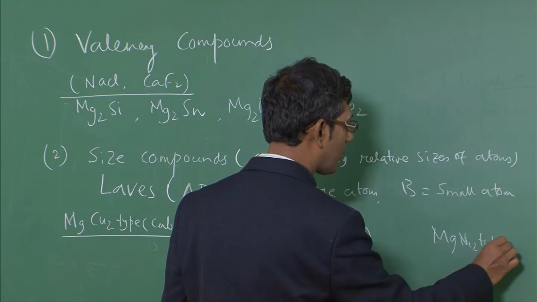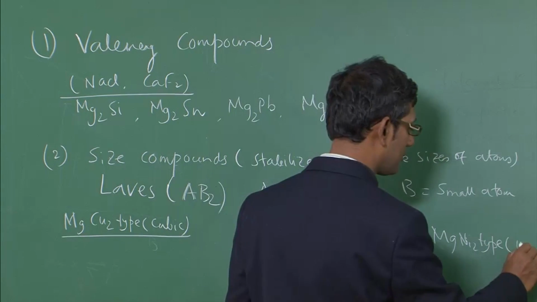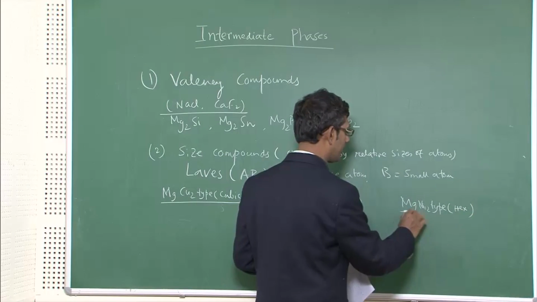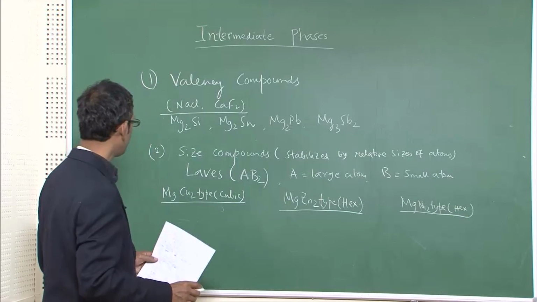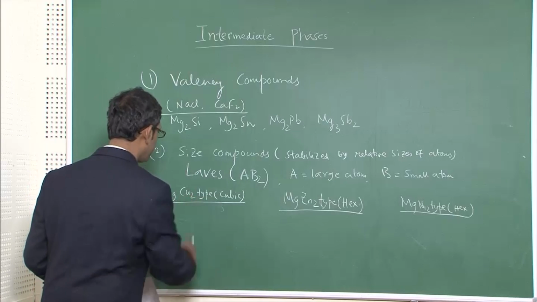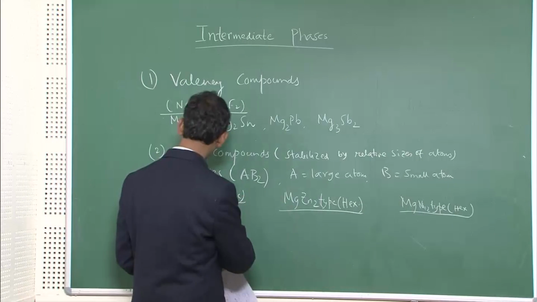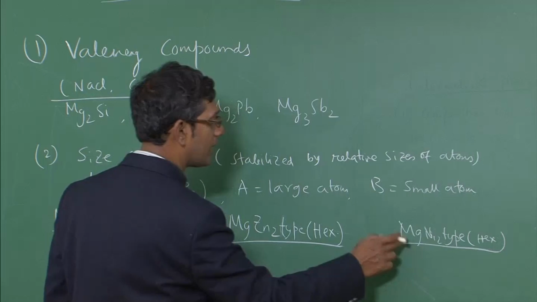This is also hexagonal but a double unit cell, which we will show you later, or maybe today itself if possible. So all of them have composition AB2: MgCu2, MgZn2, MgNi2.